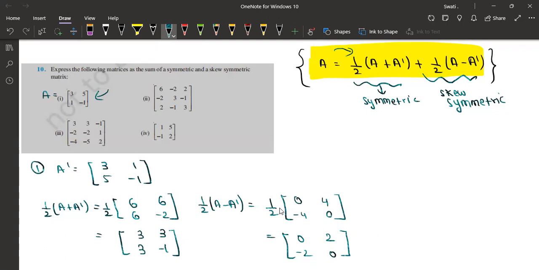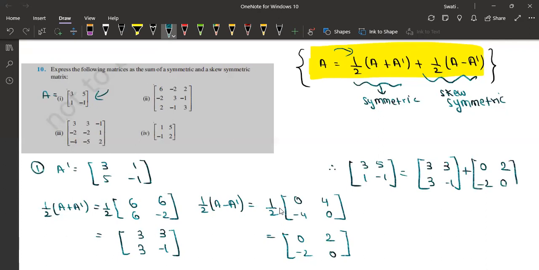So you can write the matrix given in the question, 3, 5, 1, -1, as the sum of this, which is 3, 3, 3, -1 plus 0, 2, -2, 0, right? So we are done with the first one. Now let's start with the second one. Please take a screenshot, and I'm going to start with the second one now.